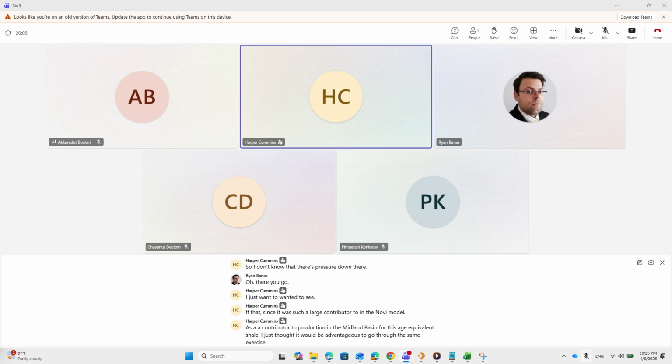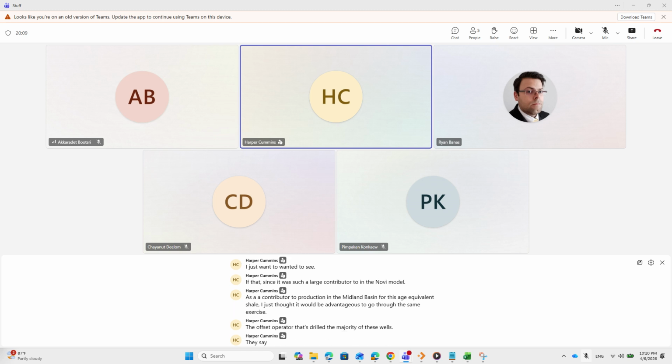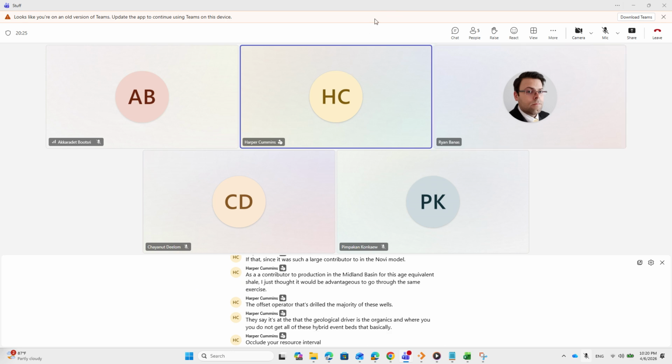The offset operator that's drilled the majority of these wells says the geological driver is the organics, where you do not get all of these hybrid event beds that basically occlude your resource interval.